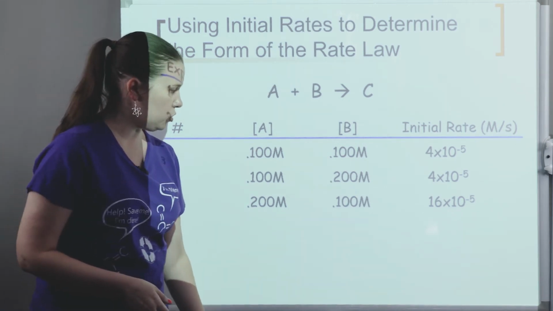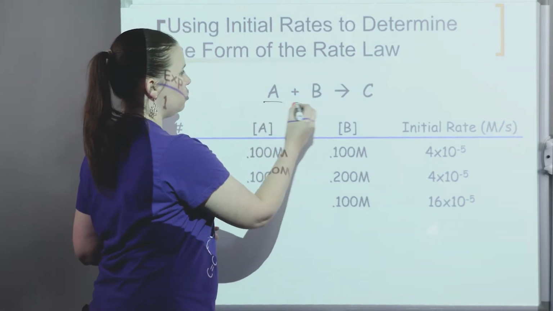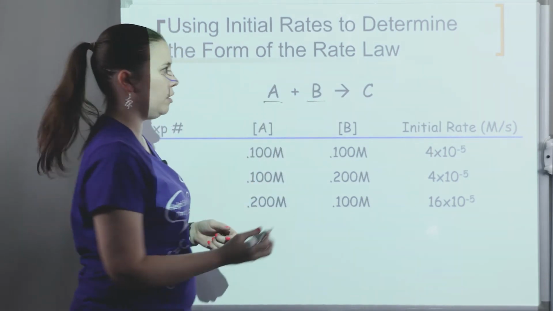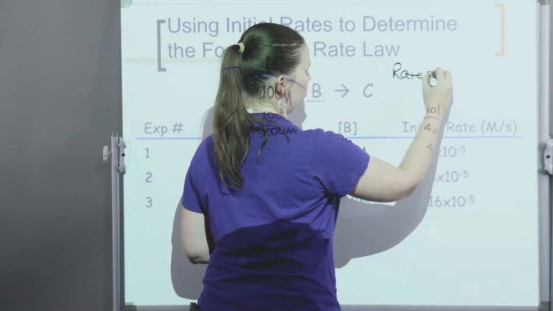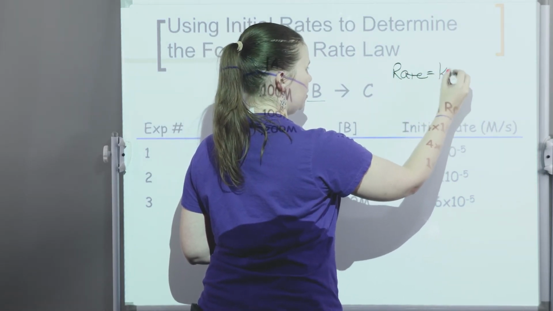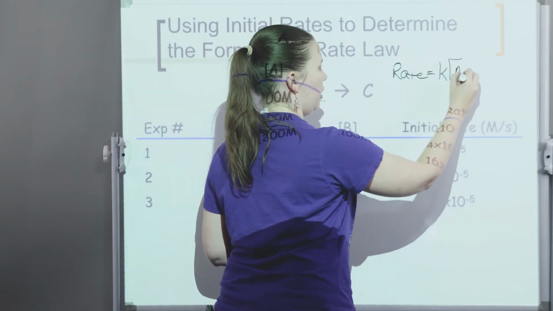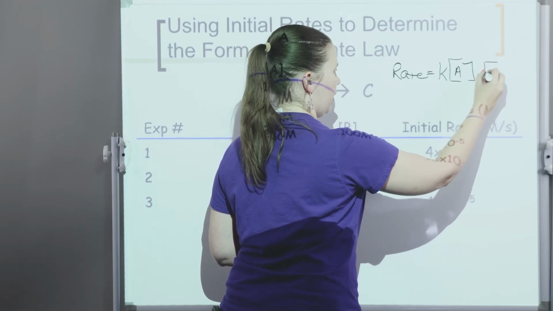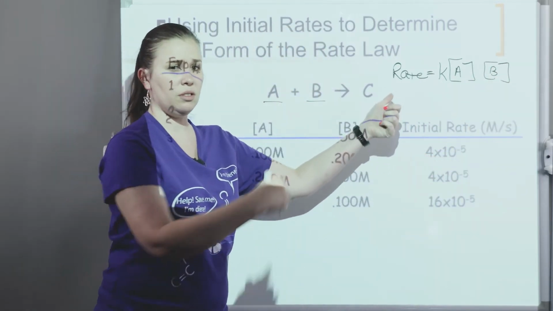So let's practice first. What would the format of the rate law be if I have two reactants, A and B? The first thing I would write down is rate equals. Then I have a lowercase k, and I'm going to use my first reactant, which is A, and my second reactant, which is B. So should I write down C also?